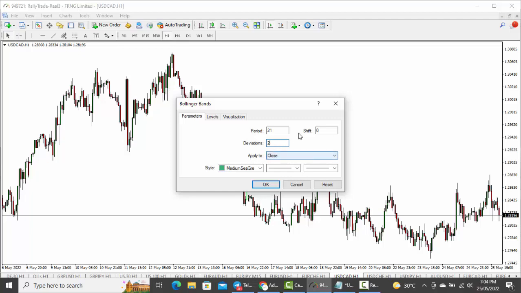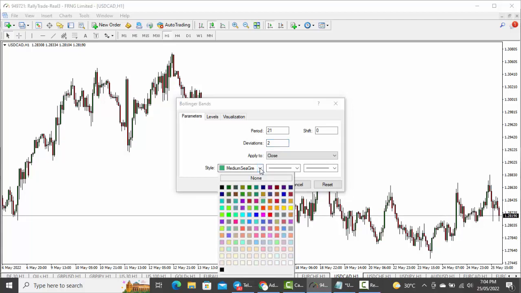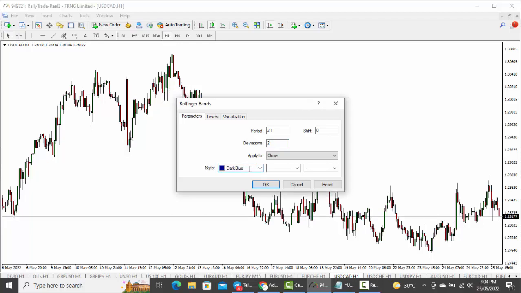Apply to close, the shift still 0, and my style, that's the color I would like the Bollinger Band to assume. Whichever color I like, maybe blue, I can just type in blue and it comes up automatically. Depending on the thickness I would like, I can also choose the thickness this way, and then I click OK.